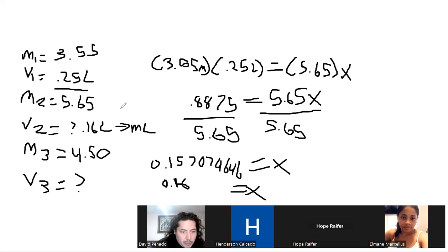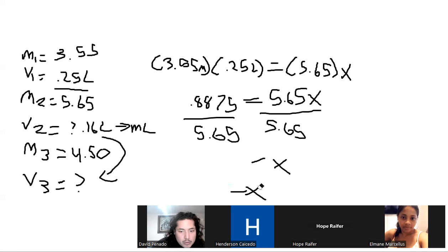I say leave it the way it is, because the next step is we have to find number 3. And how do we do that? You just add the two together, right? Yeah, that's it.